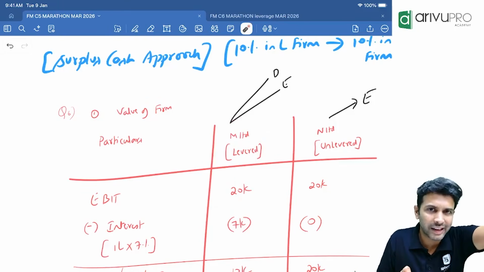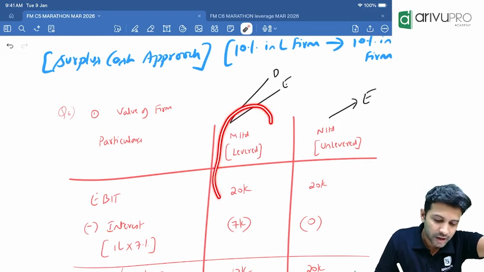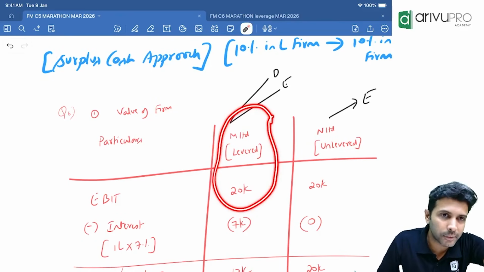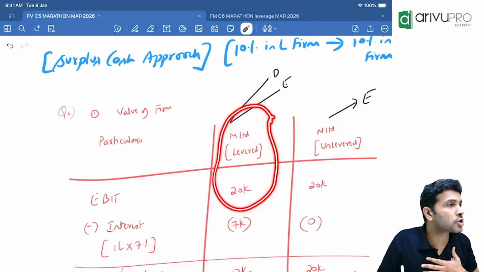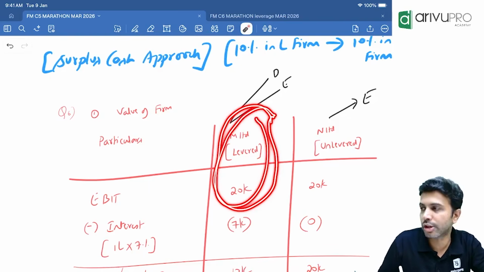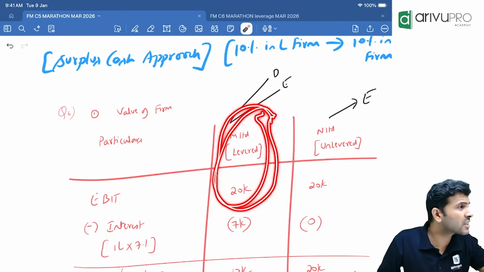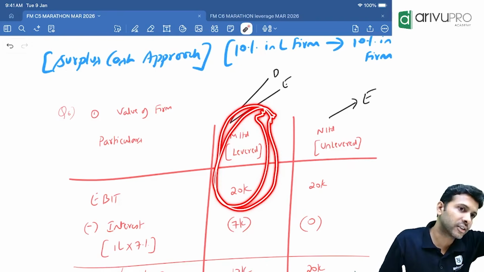Levered firm is using debt means the levered firm has an element of risk. What risk? Debt risk. And currently we are an equity shareholder in the levered firm. That means we are also exposed to debt risk. Do you agree with me? If a company is exposed to debt risk, since we are an investor in the company, we as an investor also are exposed to debt risk. Agreed?